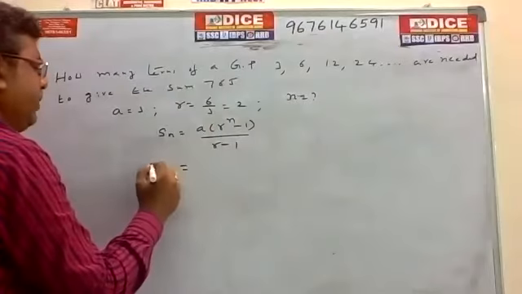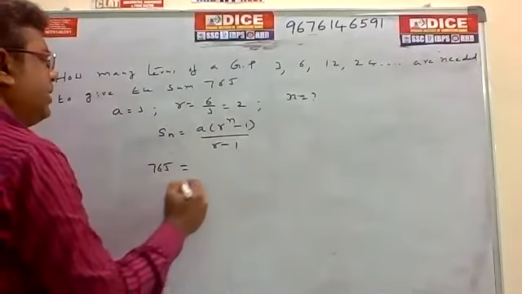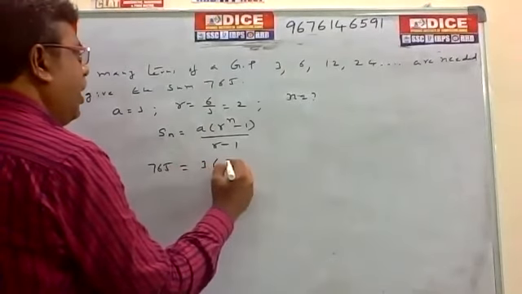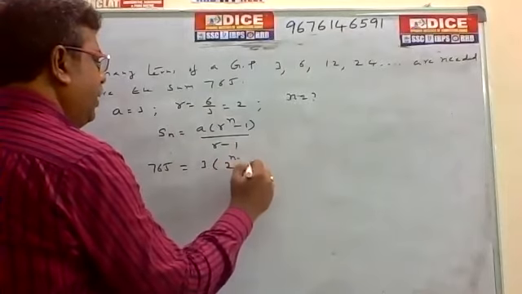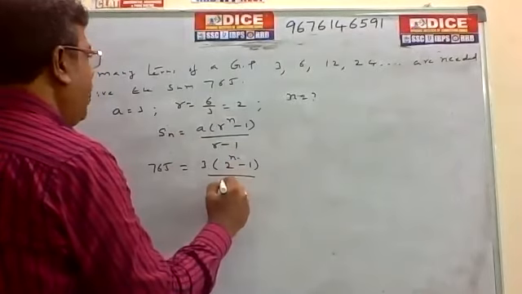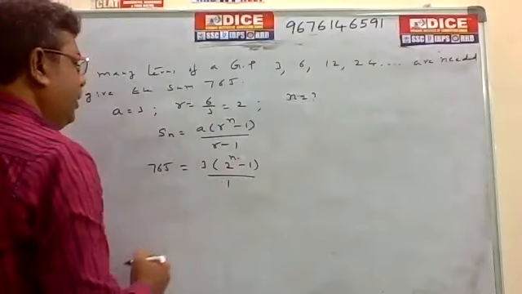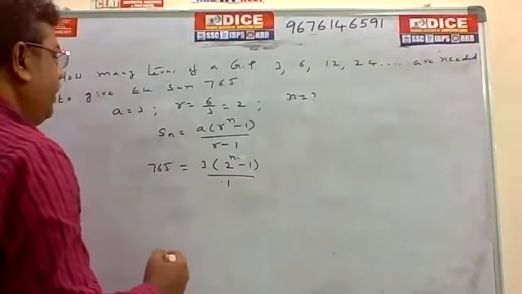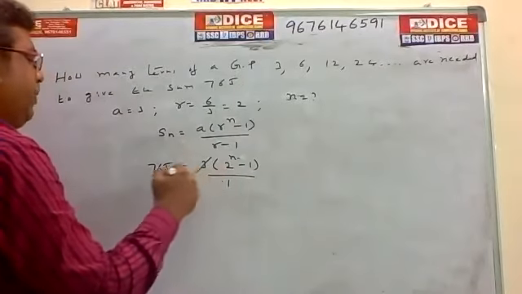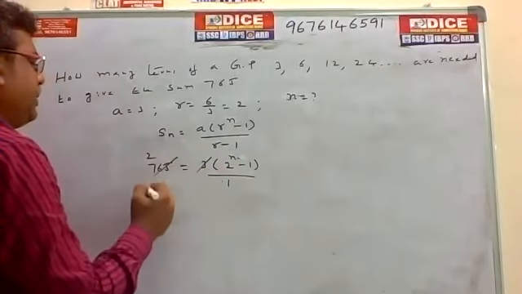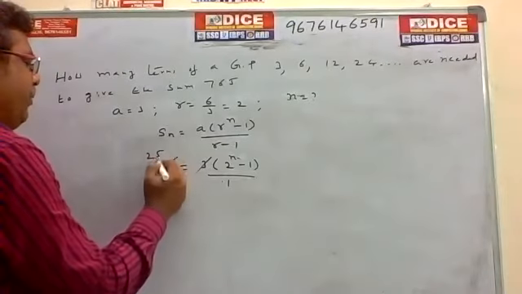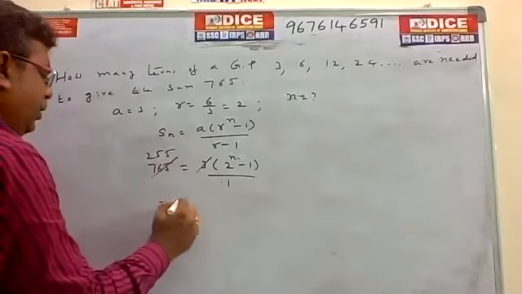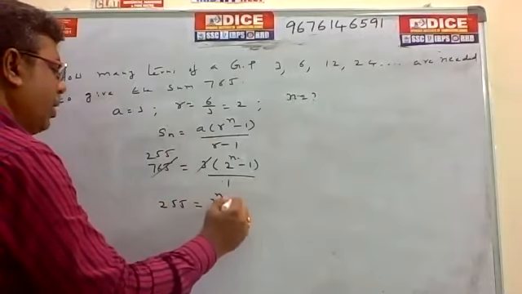So the sum is given as 765. 765 is equal to A is 3 into R is 2 to the power of n minus 1 by R is 2 minus 1, which is 1. So 3 ones are 3, 3 fives are 15. 255 is equal to 2 to the power of n minus 1.